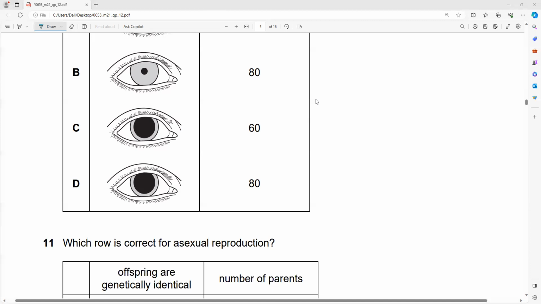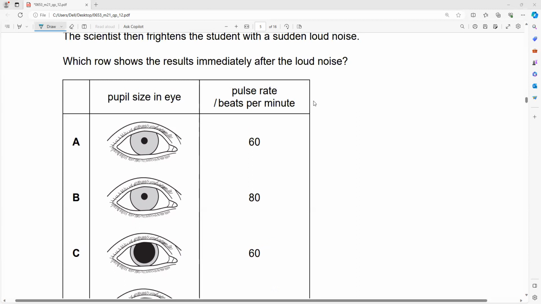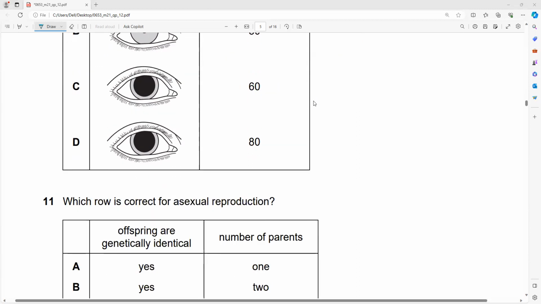So automatically our pupil size becomes maximum, like with adrenaline. Then immediately next, our heartbeat increases to maximum. So here, which is the correct option? Option D. That is the beauty of the question.